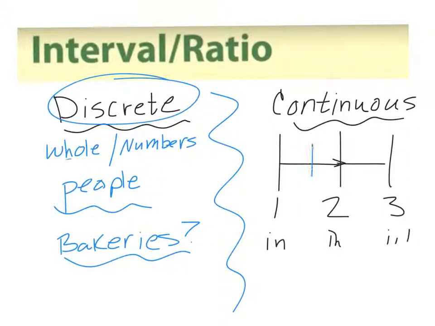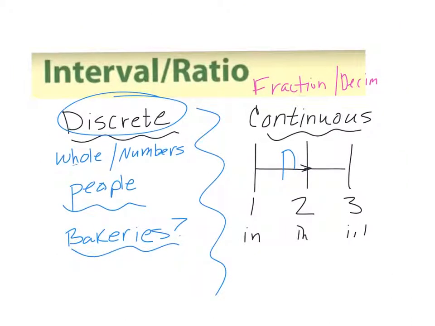I can have 1.5 inches. I can have 1 3/4 inches. So basically, if it can be a fraction, and again, this is a very, very simplistic definition, but if it can be a fraction or a decimal, then it's going to be considered continuous.